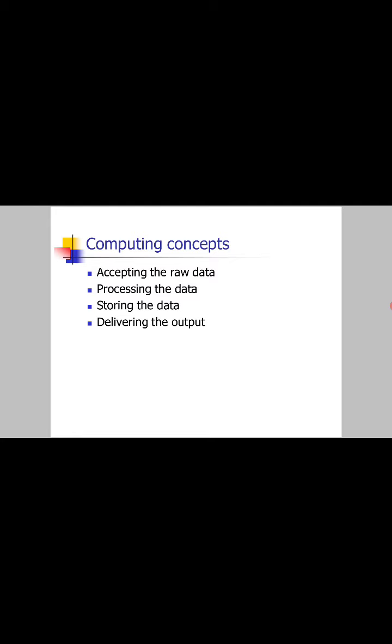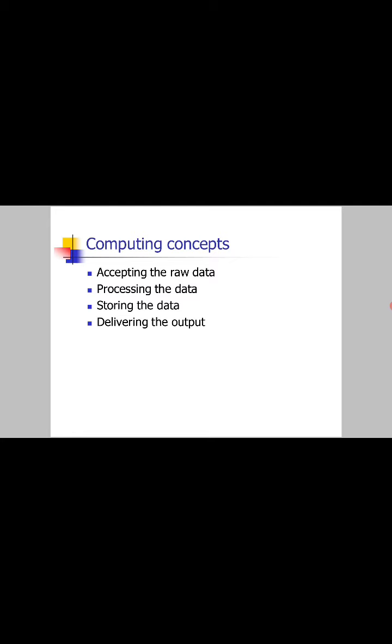Generally computers can understand only binary languages or machine languages. Binary language means a combination of zeros and ones only, and computers won't understand any other language, like Telugu, English, like that.